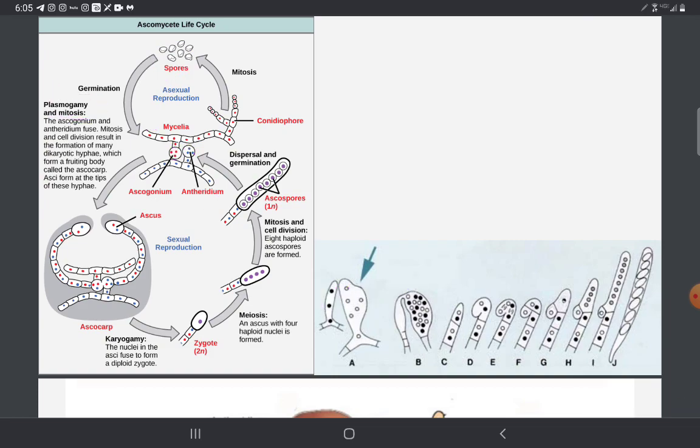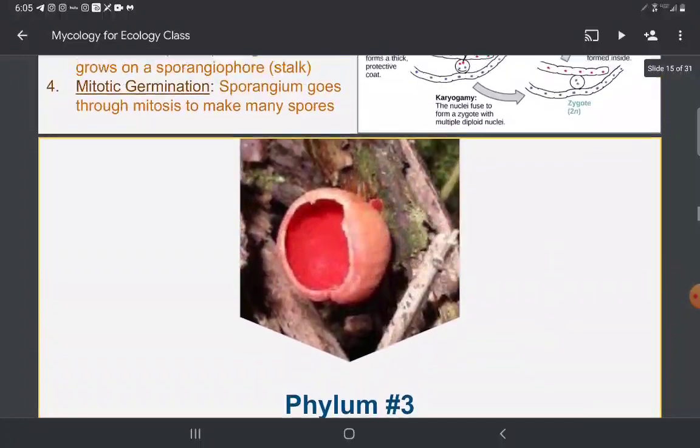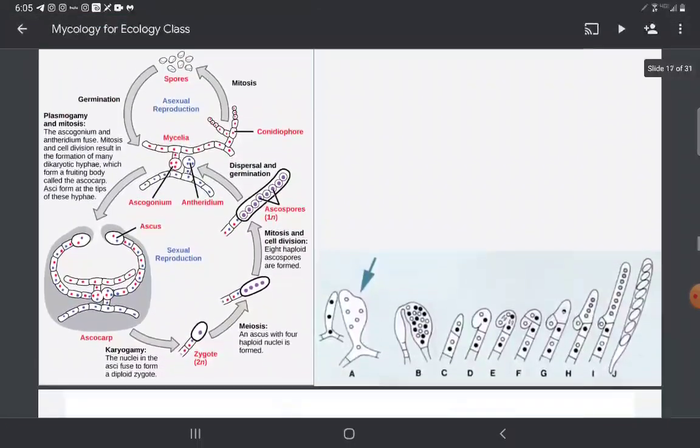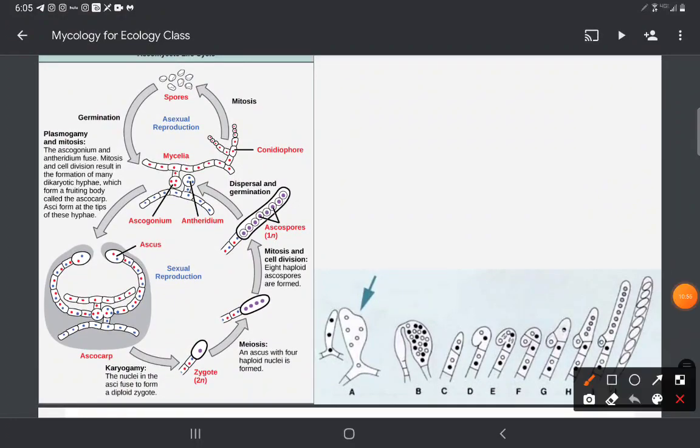If we look at plasmogamy up here, we see that immediately after plasmogamy we went to karyogamy, and then we sprouted. The difference here is we're not going to karyogamy immediately. Before, in zygomycota, these would immediately fuse their nuclei, and you would get the purple nuclei, right?